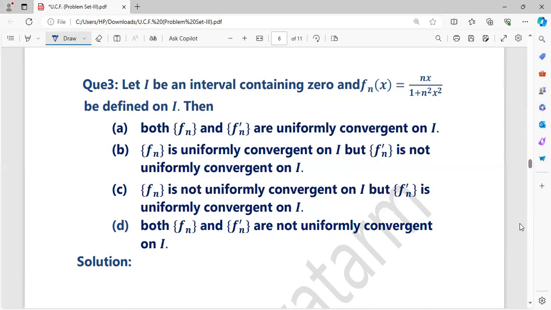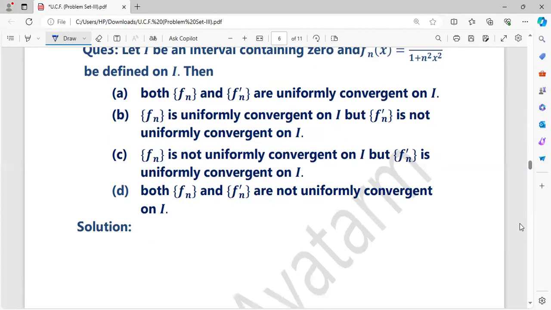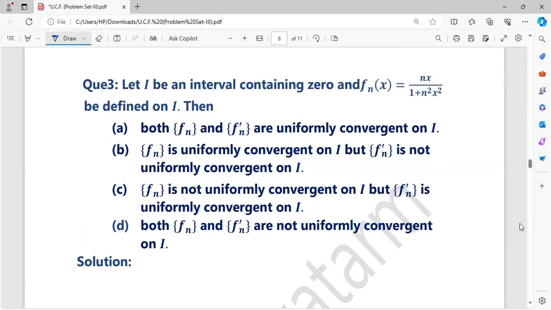Third, Fn is not uniformly convergent, but the derivative is uniformly convergent. Fourth, Fn and its derivative both are not uniformly convergent. Now we have already seen this example, that Fn x is not uniformly convergent, because we have done this question. Derivative we have not checked, but we will check.